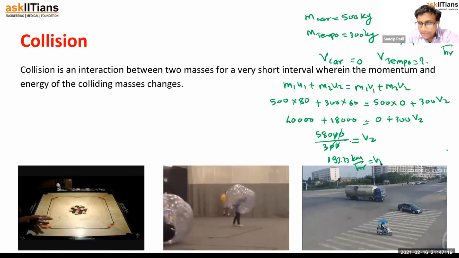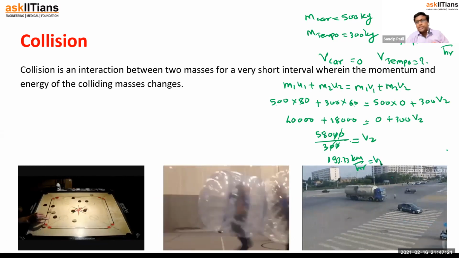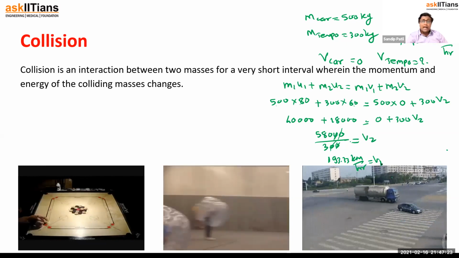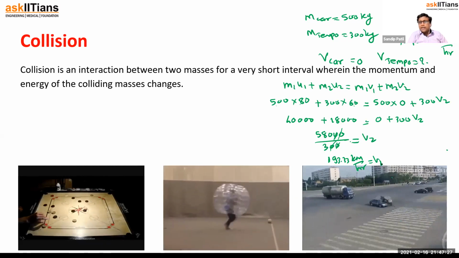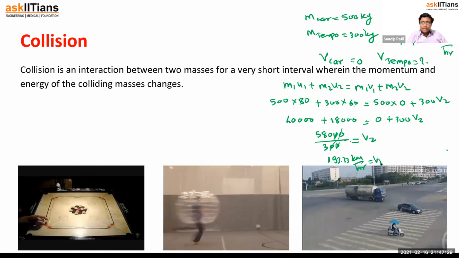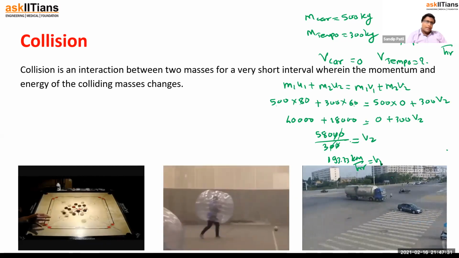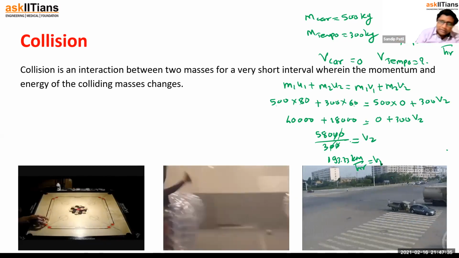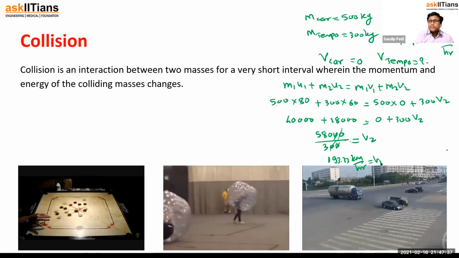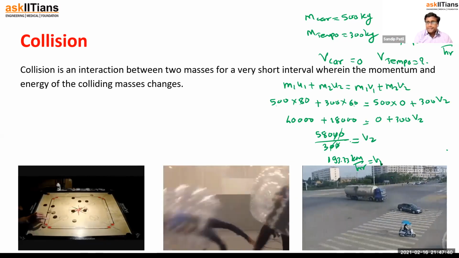Initially, meaning after collision, you can see that the speed of the tempo is very high. This could be the speed, right? Obviously, we have to check the masses, whether those are correct or not. But initially, at the start, that will be the speed. Obviously, we haven't also considered the directions of the velocities here.